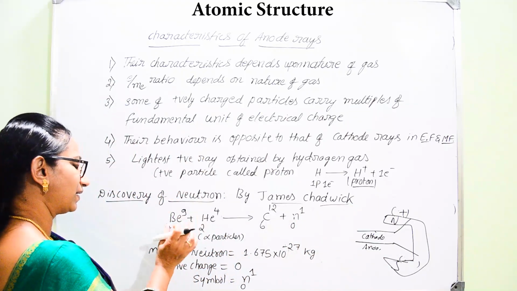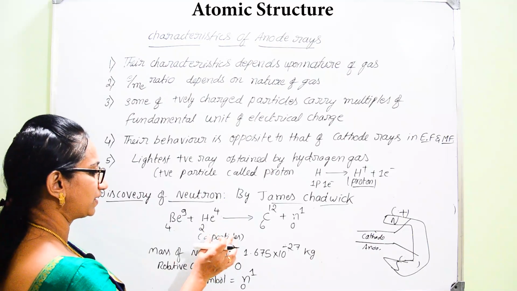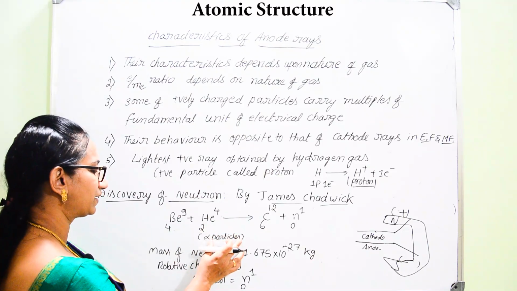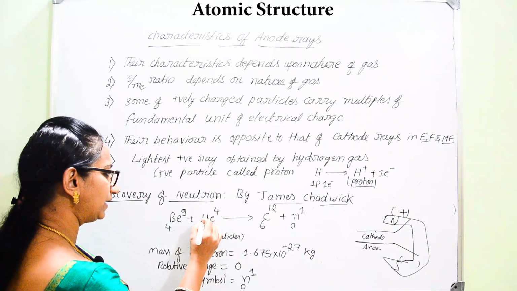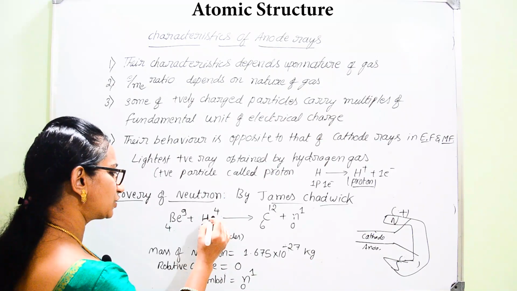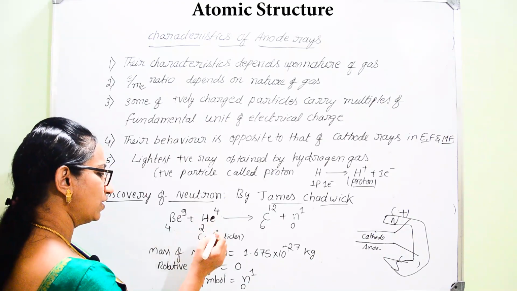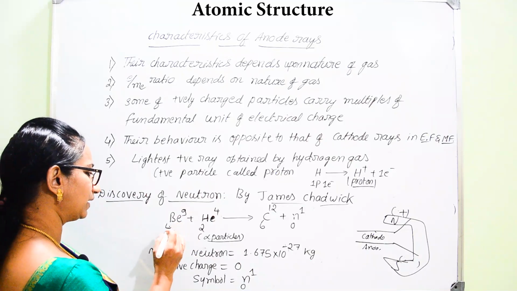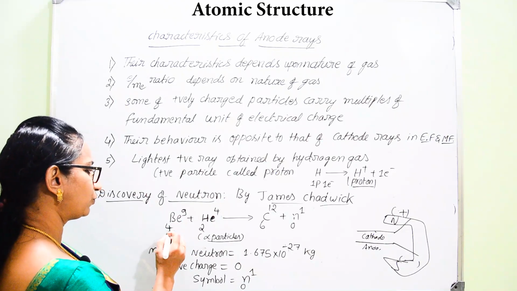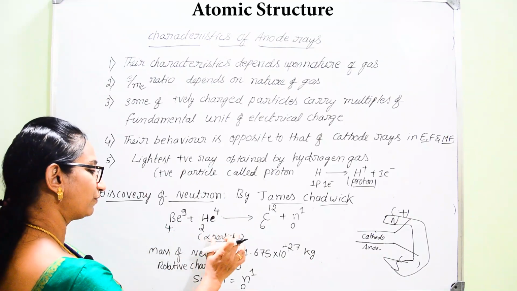He was considering radioactive elements, which emit alpha particles. Here the alpha particles are represented as helium with atomic number 2 and mass number 4. He took beryllium with atomic number 4 and mass number 9, and bombarded beryllium with alpha particles.